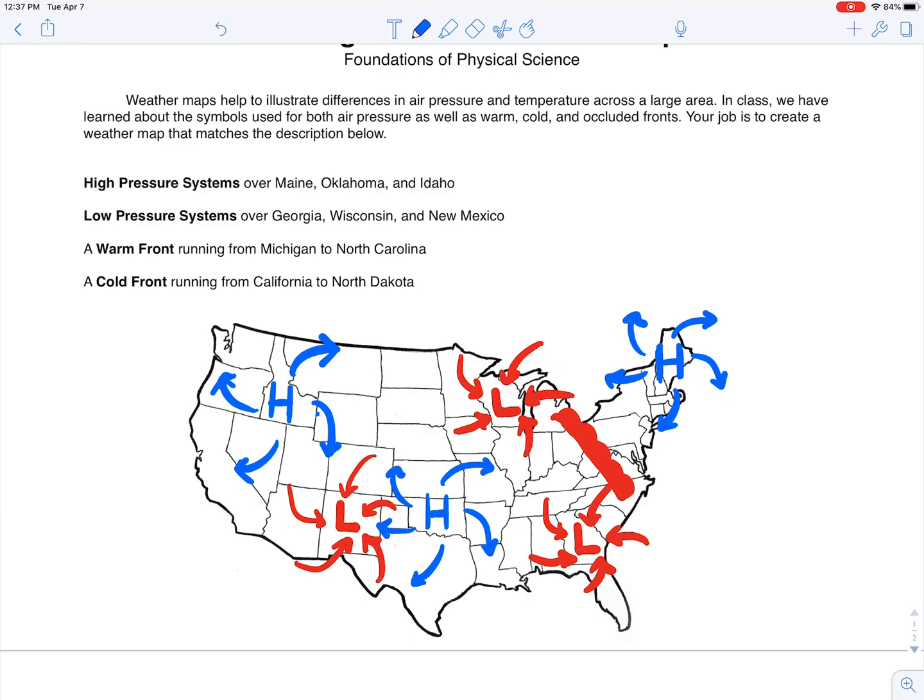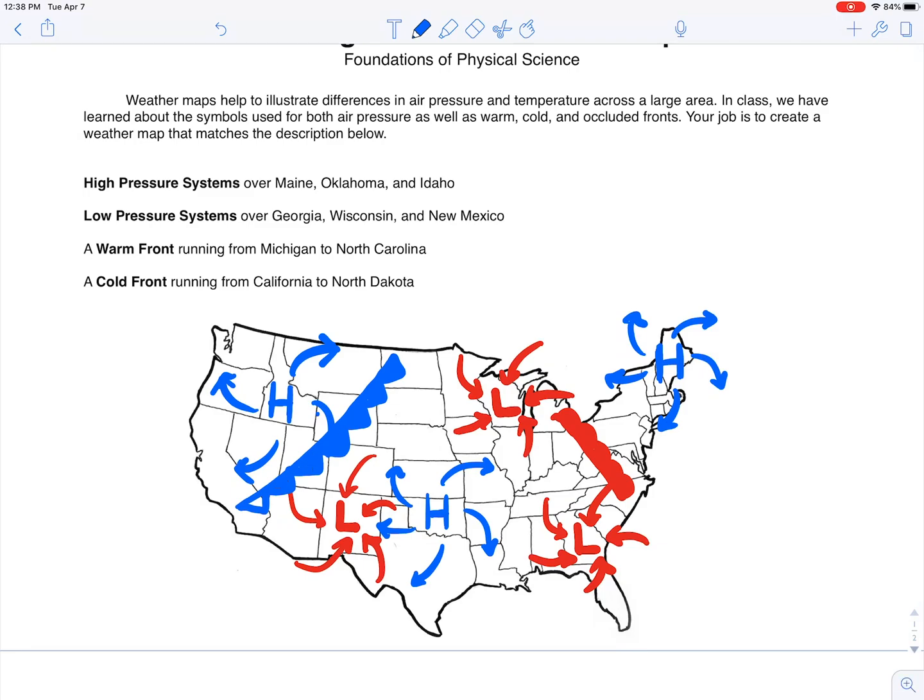Now, finally, a cold front. We know we're going to draw in blue. And that cold front, they're asking us to draw a cold front that is running from California to North Dakota. So a pretty long one, maybe all the way up California to North Dakota. And in this case, we're going to use blue triangles, if you remember. Boom. And we want to color those in.